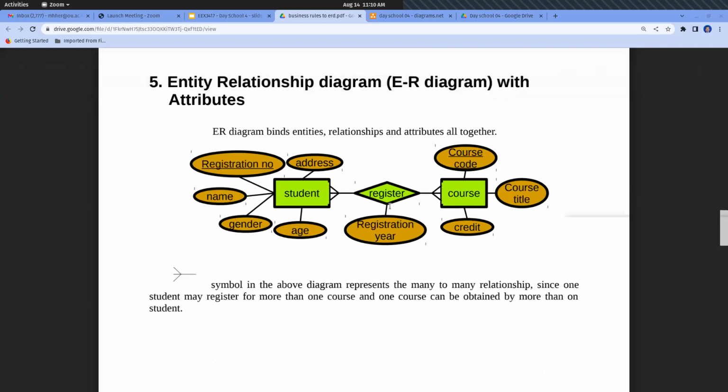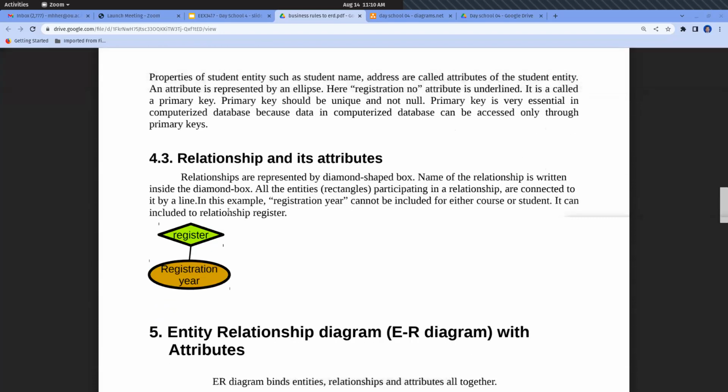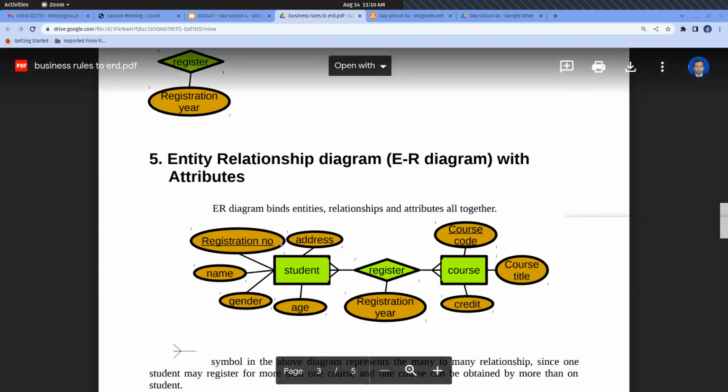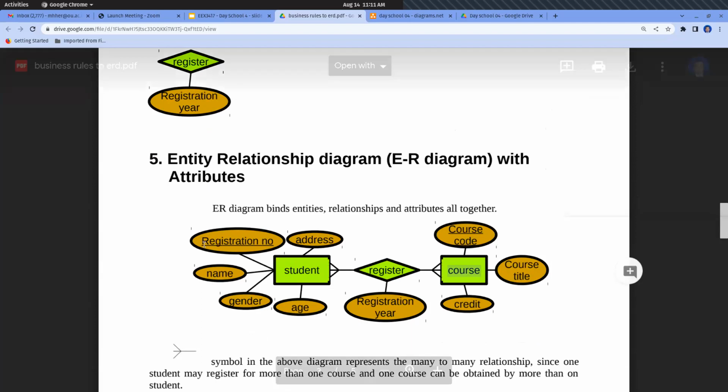Here, the other thing is relationships and attributes. You can complete drawing the relationship like this. There are attributes, the entity, and the register relationship. This is the course entity and its attributes. From these attributes, we choose one attribute as a key, that is the primary key.